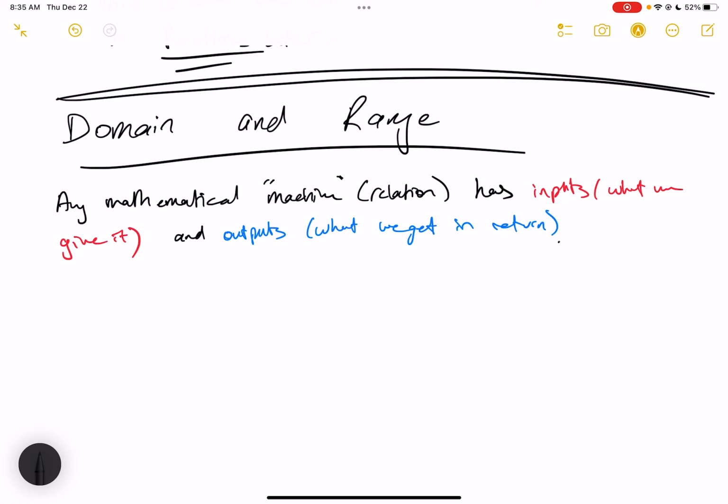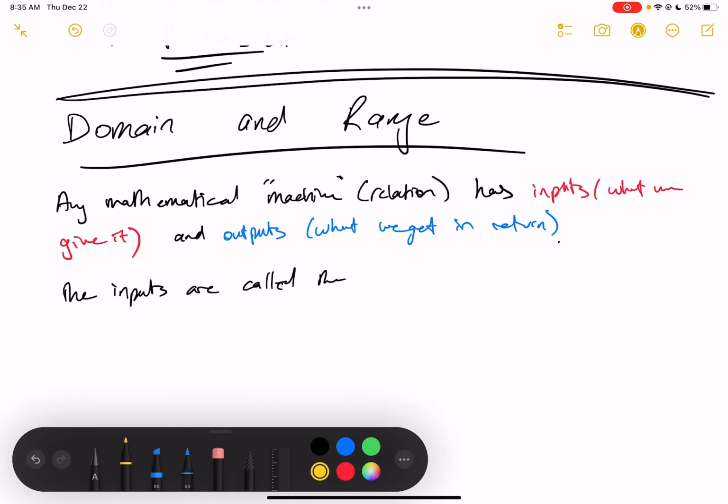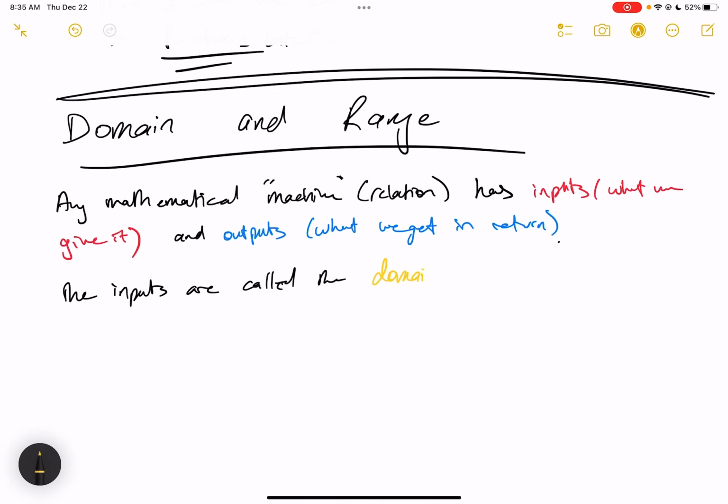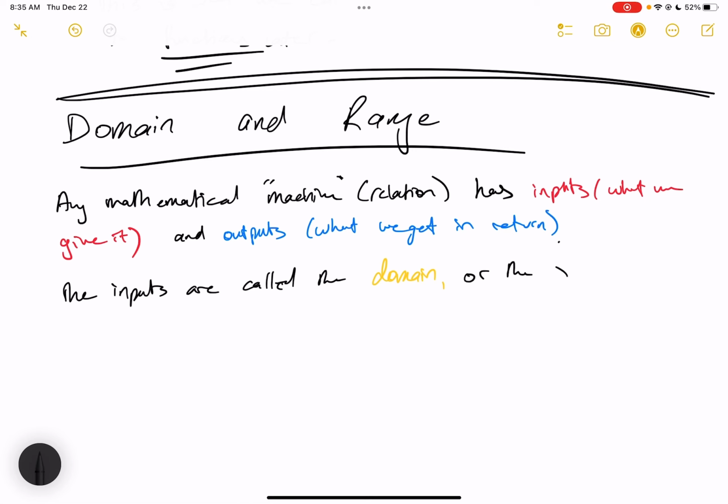So the inputs are called the domain, or the x values that a relation can possibly take.